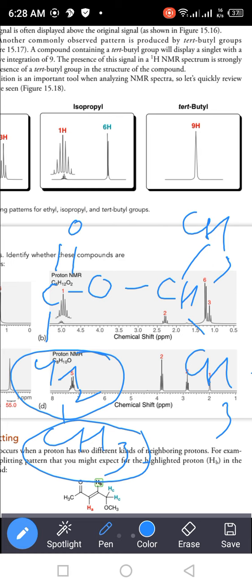And the 6 proton integration value at 1.3 shows this. So this is our formula: CH3CH2C double bond O O CH3. This is an ester. How many carbon? There are 6 carbon. How many hydrogen? There are 12 hydrogen. How many oxygen? 2. So the formula C6H12O2 is justified. Different fragments are connected with each other and our formula is justified.